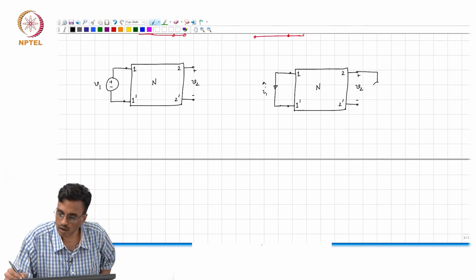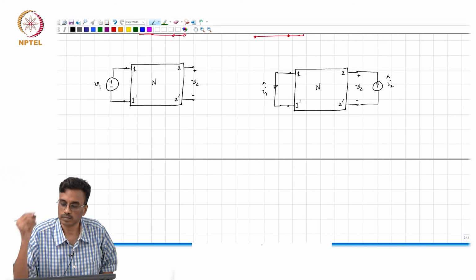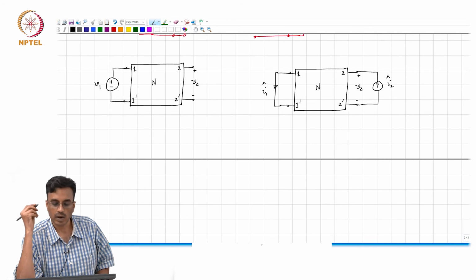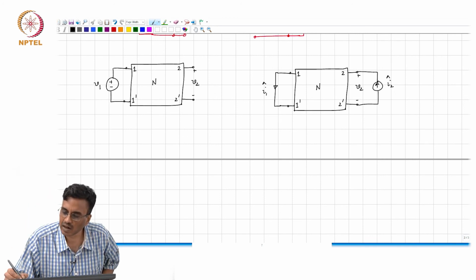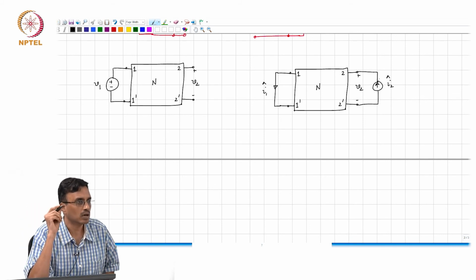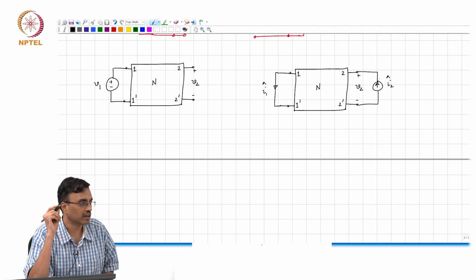So, what you have to apply is a current I2 hat and measure the current I1 hat. You can go through the same arguments that we went through to prove the other result.